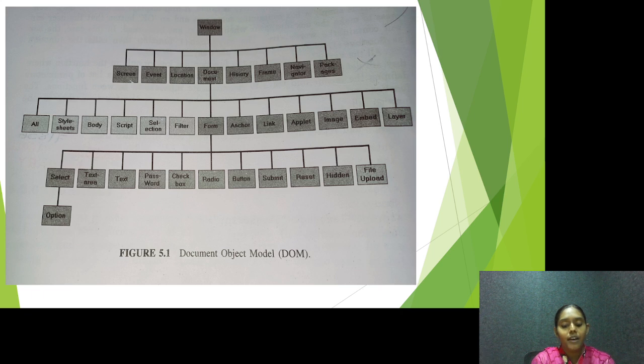Form properties include name, method, action, length, and submit, and form events include onsubmit. This message is sent each time a form is submitted and can be used to trigger actions.